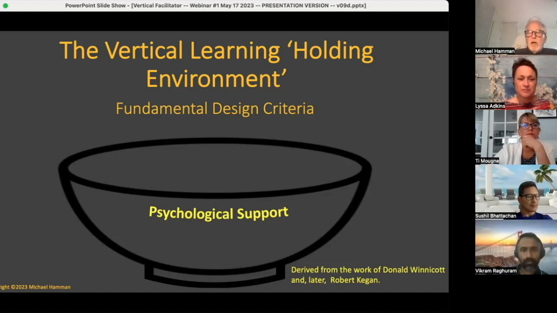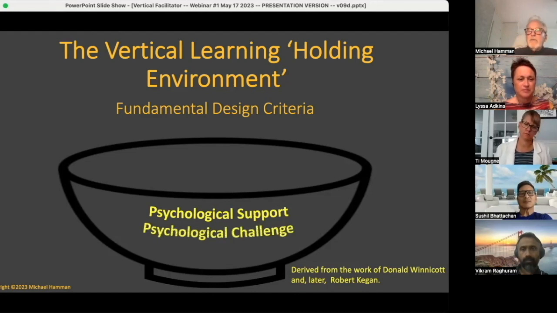The first element is psychological support. There's got to be an element in which people are supported in taking the kinds of risks that are needed for vertical learning to happen. The second piece is psychological challenge. Notice we use the word psychological, because ultimately this work occurs within the psychological domain.